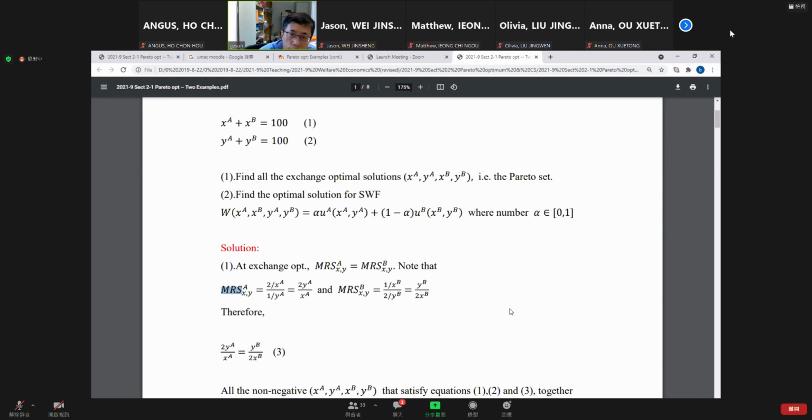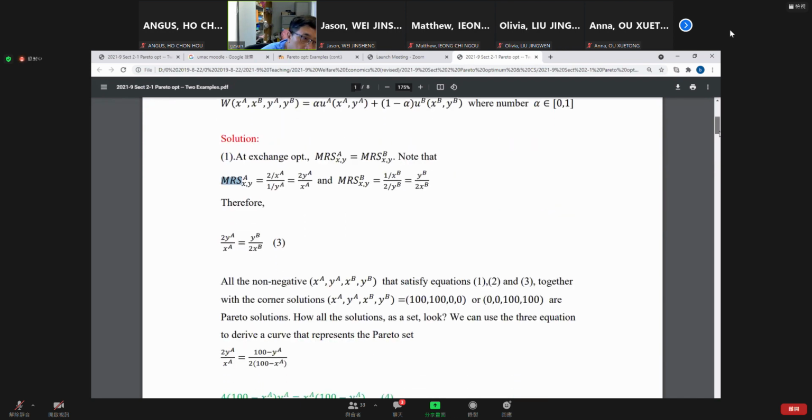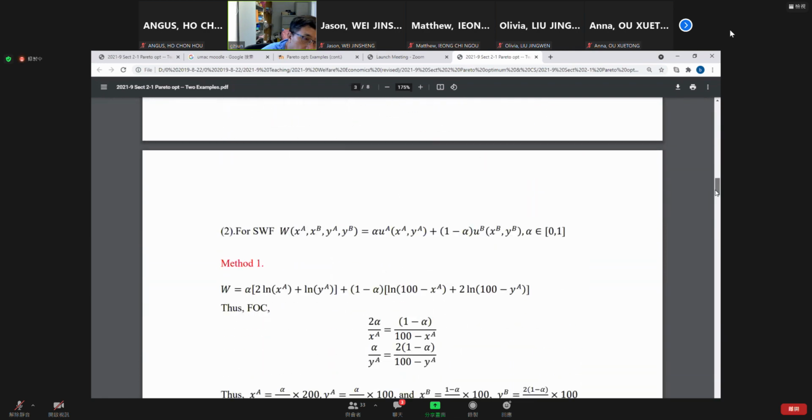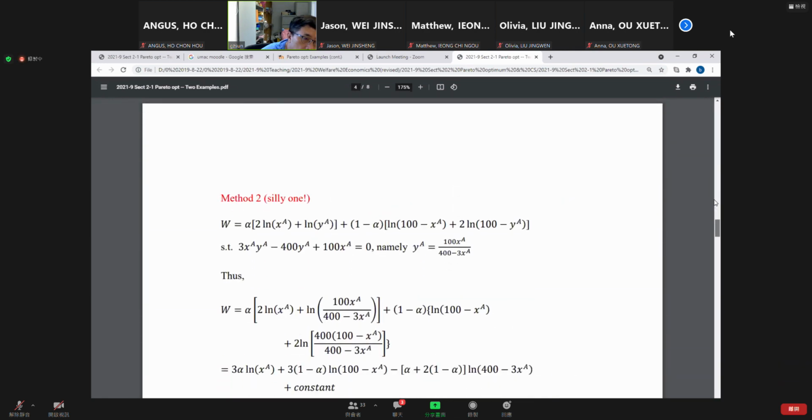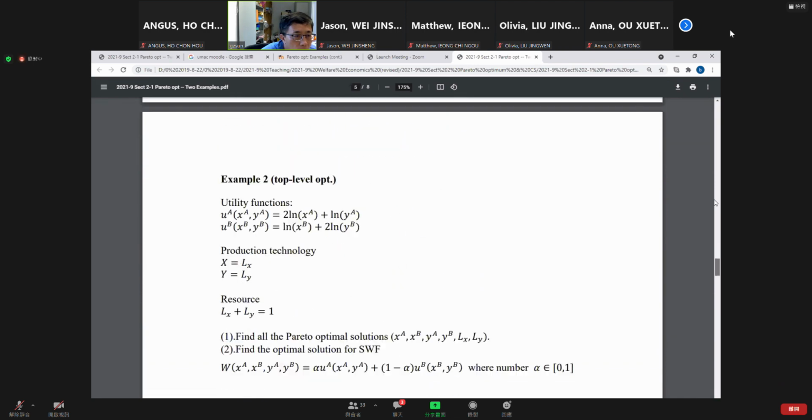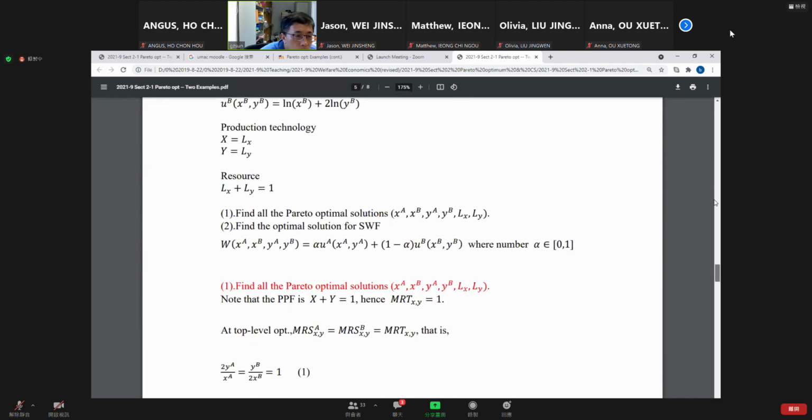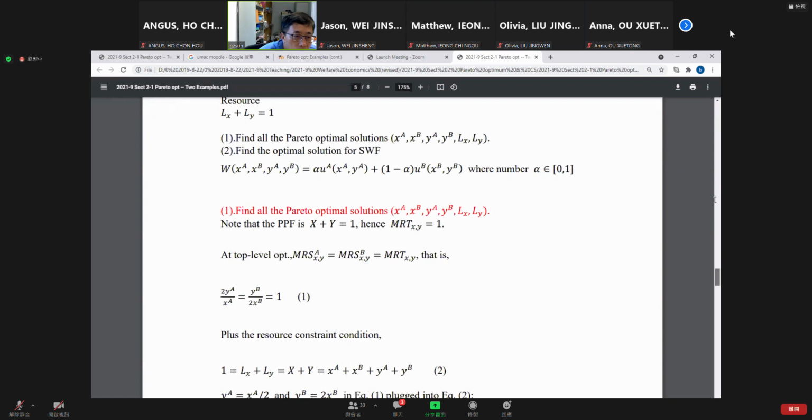Okay, so we have done that so we don't need to repeat that job. So therefore, the marginal rate of substitution for Alice is this result. For Bob is this result. Okay, any question? No? Probably, okay.